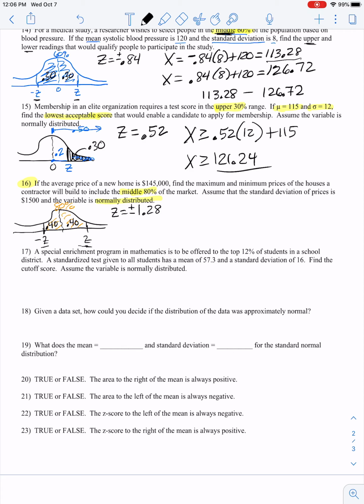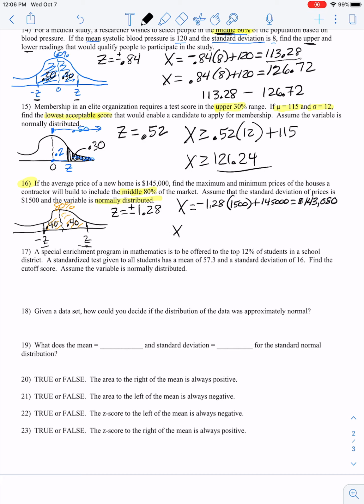All right, so then to get the maximum and minimum price of the house, we'll do negative 1.28 times the standard deviation, 1500, plus the mean price, 145,000. Okay, and I get for this one lower price range 143,080.